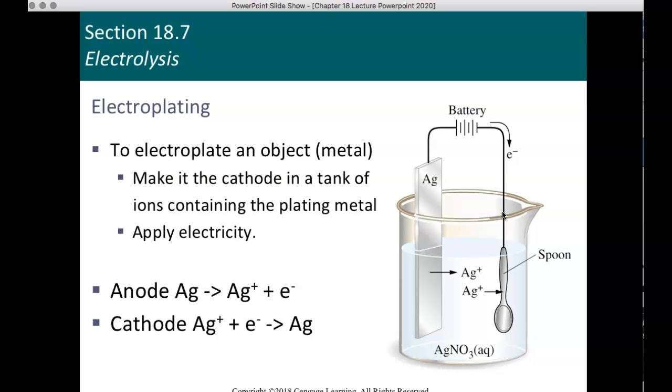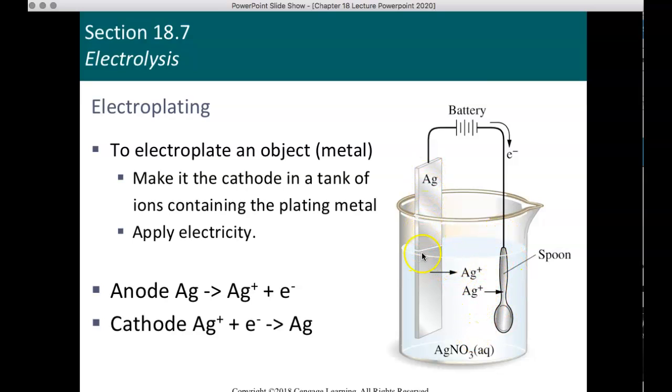But if you do want to silver plate something, and in this case it's a spoon, but you could silver plate some jewelry, you would have a cathode, and at the cathode you would have a lesser valuable metal, and the cathode would be depositing silver onto whatever the lesser metal was.